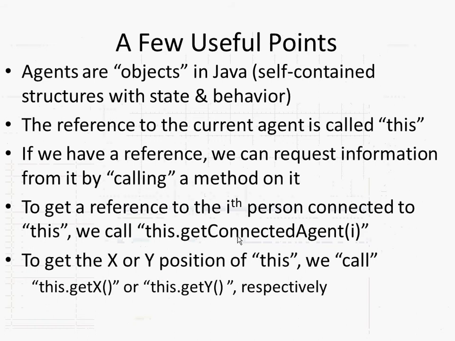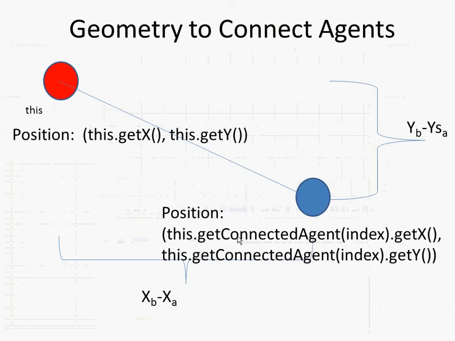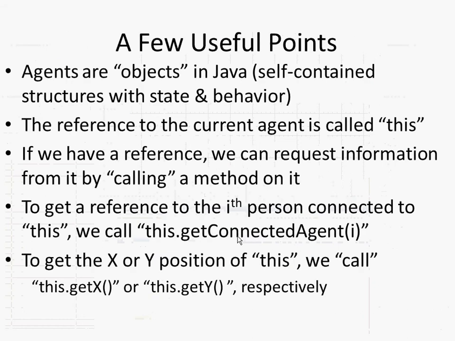Okay, ladies and gentlemen, we're going to put together an expression here, and then I'll explain better what's going on. I guess a few points, maybe I'll say up front. I mentioned that agents are objects. They're things that are circulating while we're running the model, and we can have a reference to them, a thing that points to them. The thing that points to me is called this.